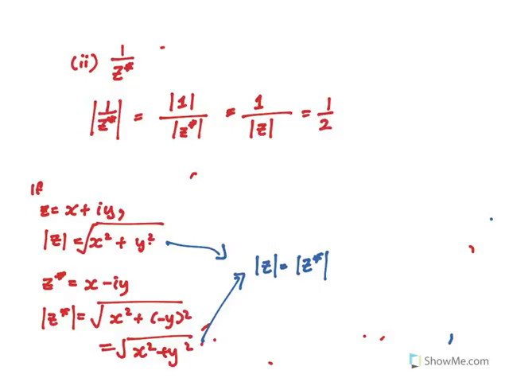Next, let's find the argument of 1 over Z asterisk. This is the argument of 1 minus the argument of Z asterisk, because the argument of the quotient is the difference between the two arguments.